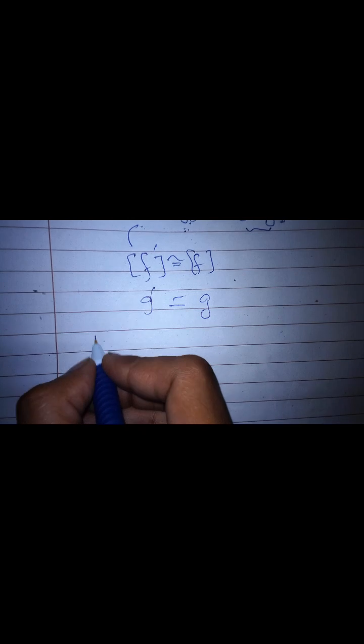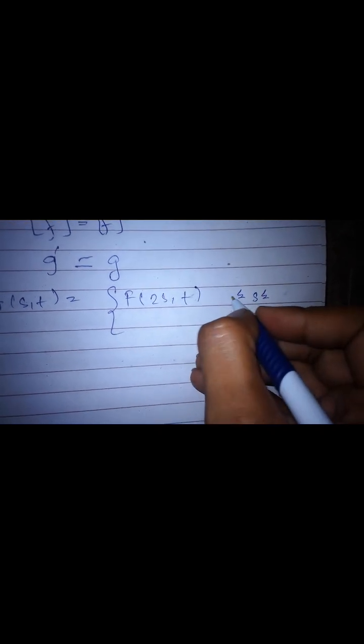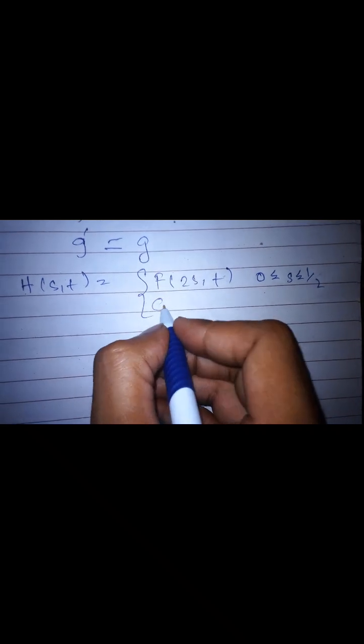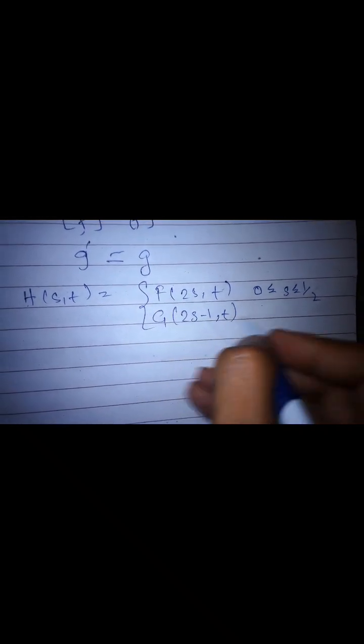So we define a path homotopy H of s comma t equal to F of 2s comma t, where s belongs to 0 to half, and the second path homotopy G of 2s minus 1 comma t, where s starts from half and ends at 1.